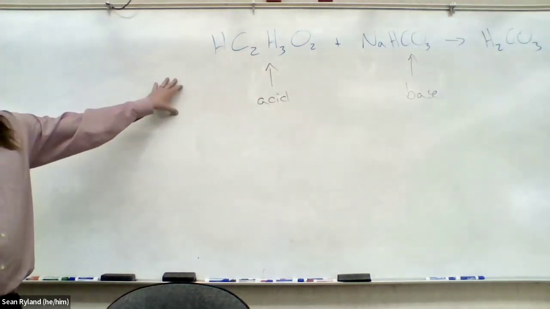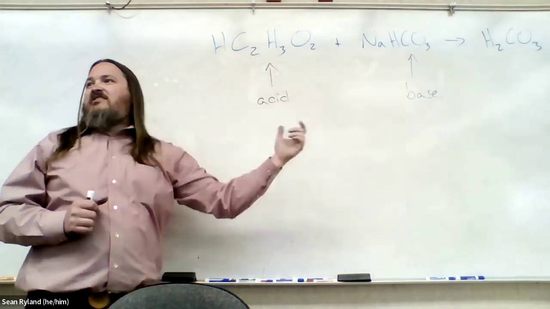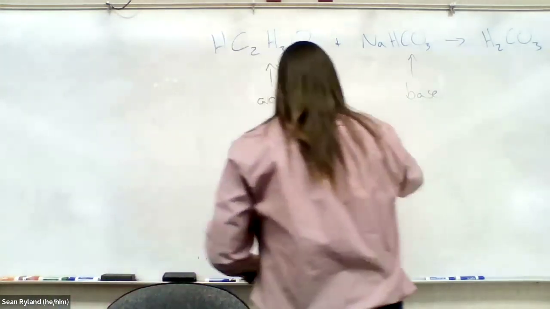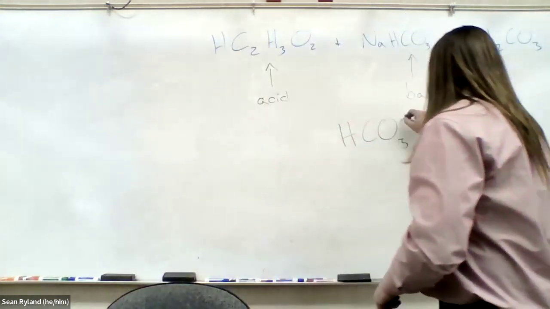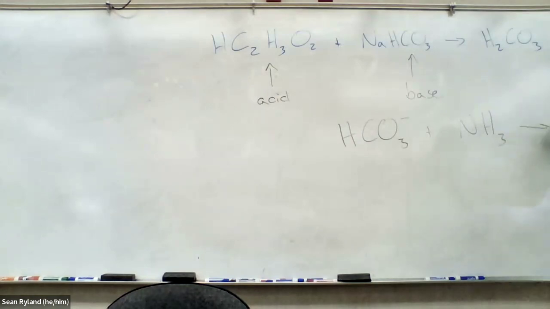Sometimes though, you'll have a reaction where something that you wouldn't necessarily name as an acid can act as an acid. So for instance, if you put hydrogen carbonate with ammonia, it'll react and you make carbonate and ammonium.